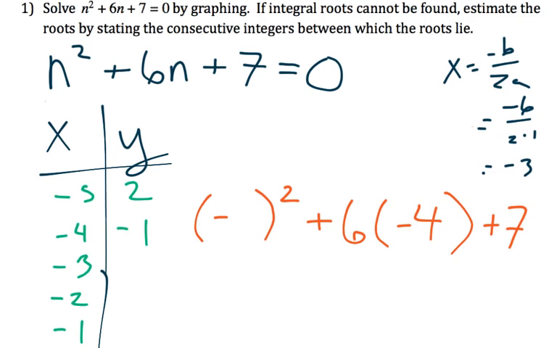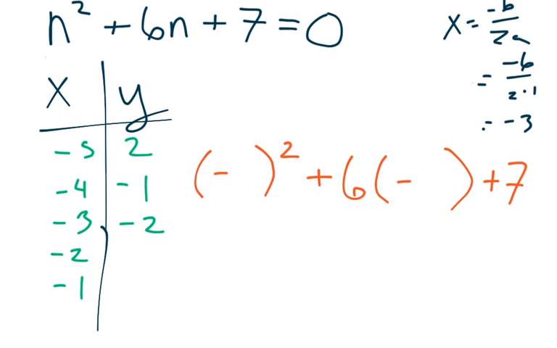Same deal for -3. Still is negative, and you would get -2. Now I'm doing this quickly, but I hope that you're trying this out on your own. We still are plugging in a negative value, so we're going to go and replace that with -2, where we would get -1.